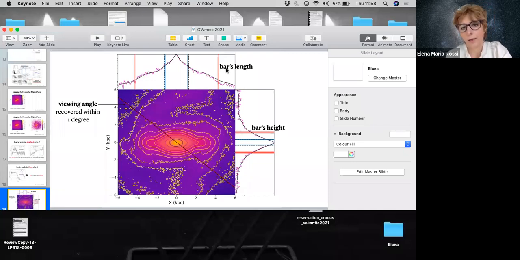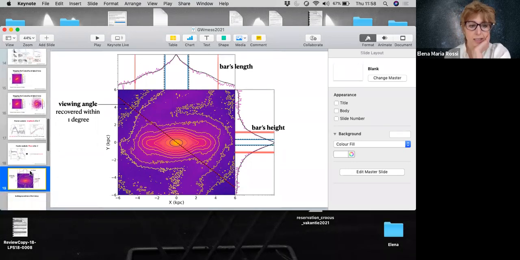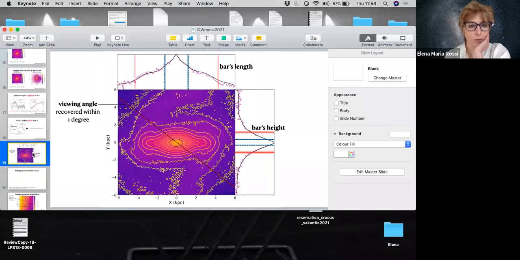And from the bar length and the axis ratio, we can recover the height of the bar. Again, excellent agreement with the actual one. Okay, so the next step here is to combine this data with the information that you can obtain from optical. So this will be the next step.